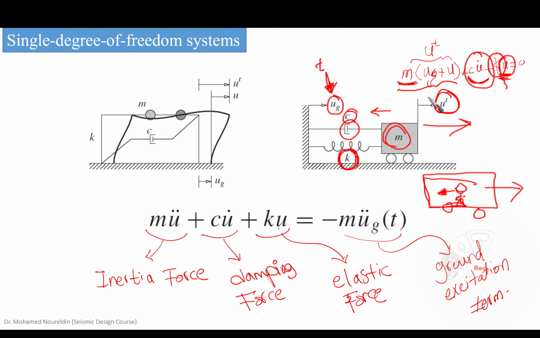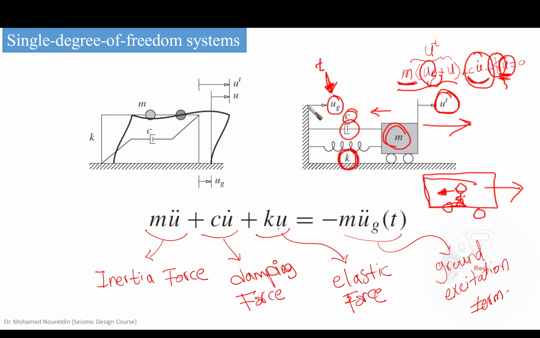Remember that the U total that I'm talking about is actually two components. UG, which is the movement of the ground or this wall here. Actually, it is the ground for our buildings, but for this mechanical model it is the wall, to make it clearer for us.